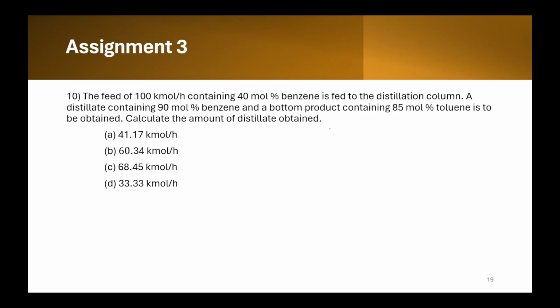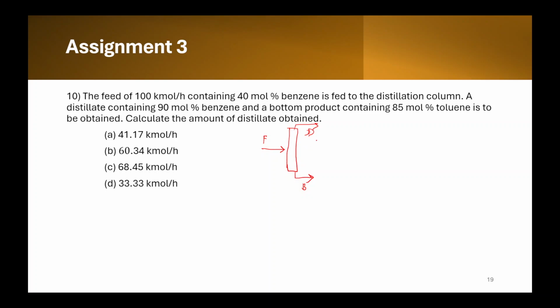Now, from this question, we can firstly draw the flow sheet. A distillation column basically has three streams: this is feed, this is distillate, this is bottoms B. We are not considering the reflux here as it is not required in the question.